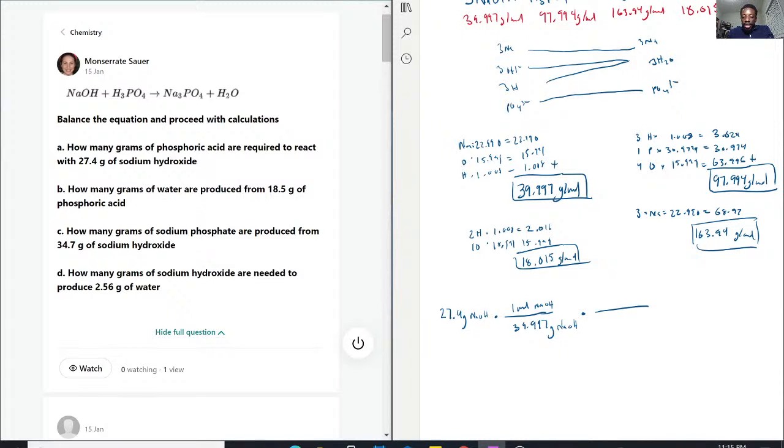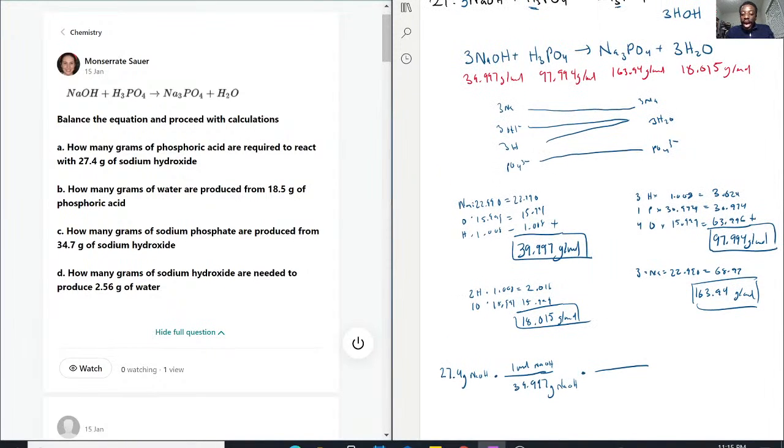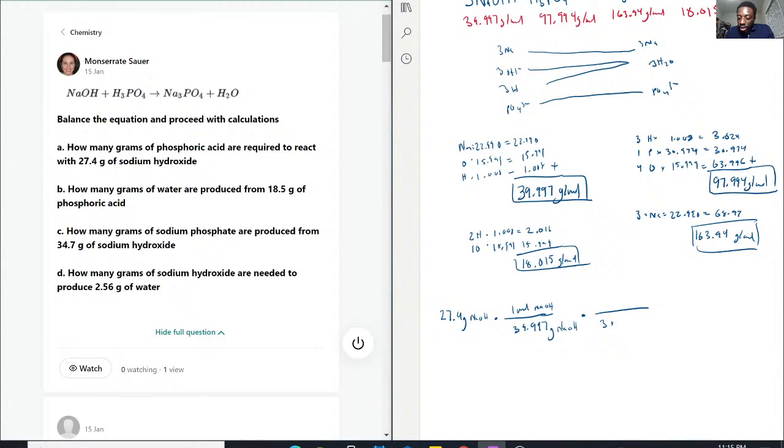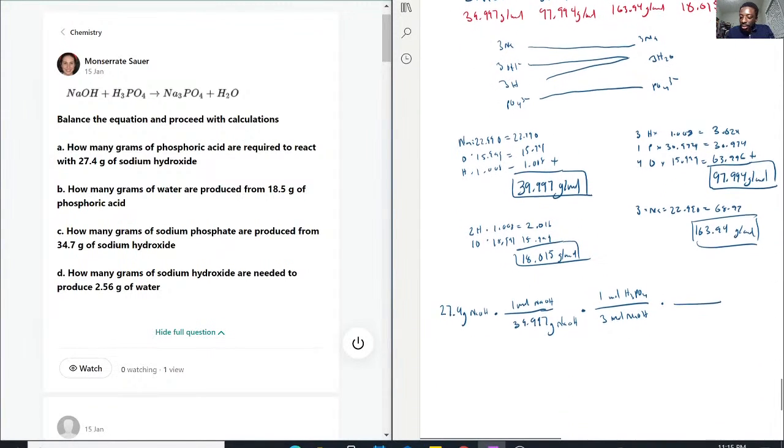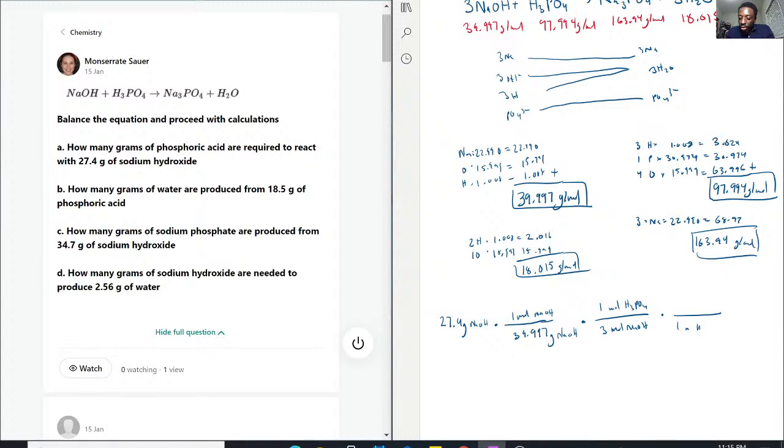And then, based on this equation, for every 3 moles of NaOH, we needed 1 mole of H3PO4, aka phosphoric acid. And then we have the grams now. For every 1 mole of H3PO4, we had 97.994 grams of H3PO4.